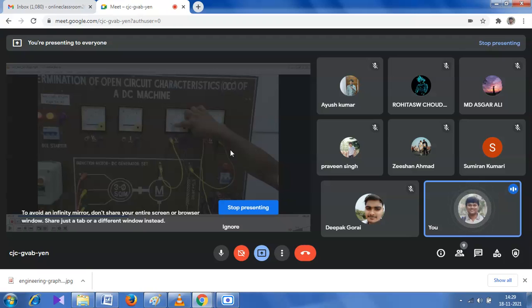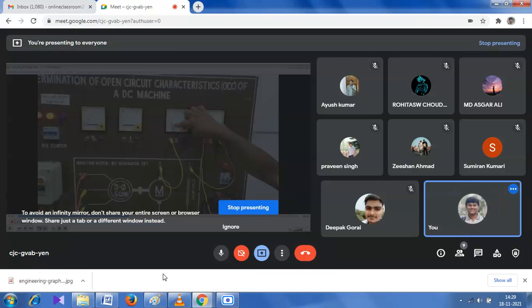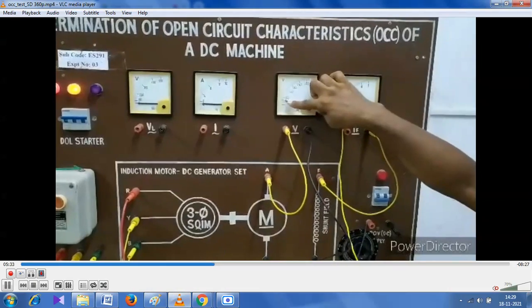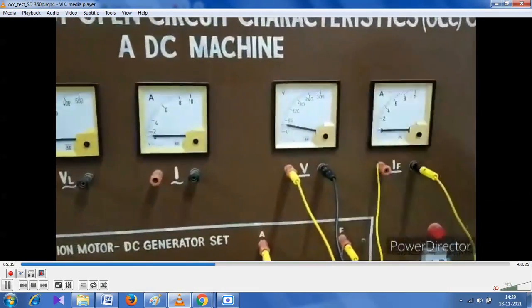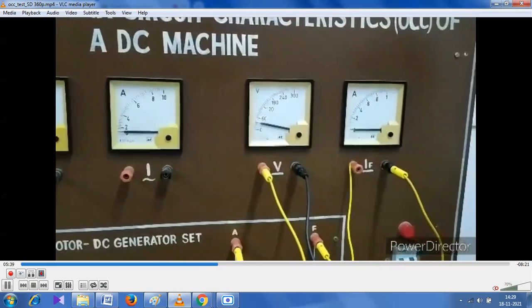Due to the residual field, we got a voltage reading at no load, with zero field current.